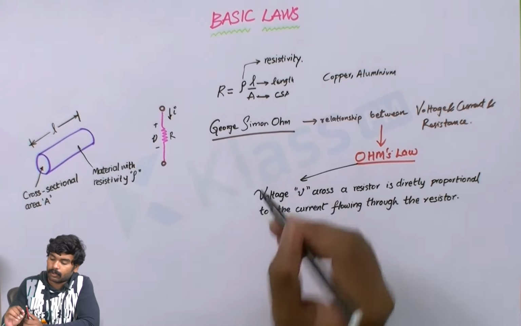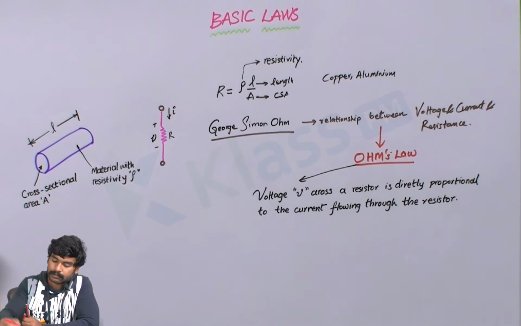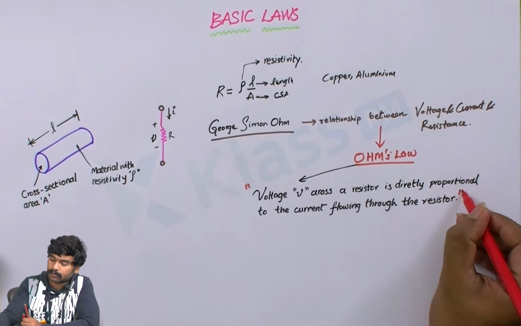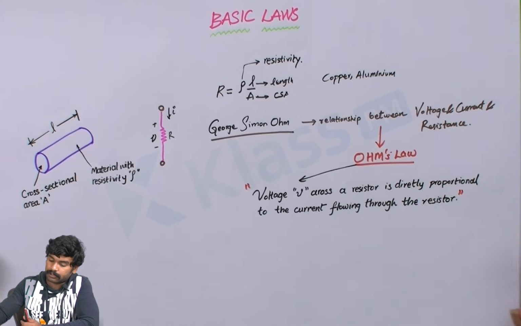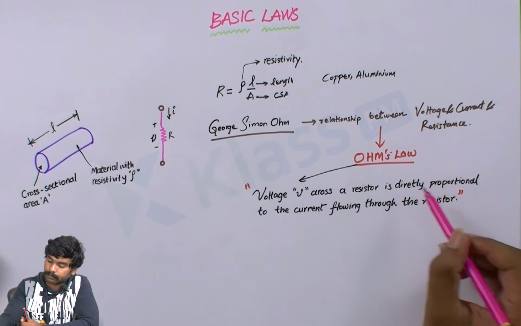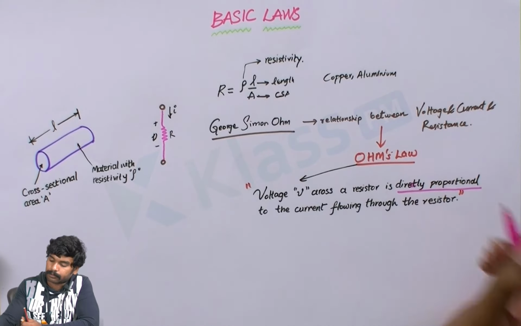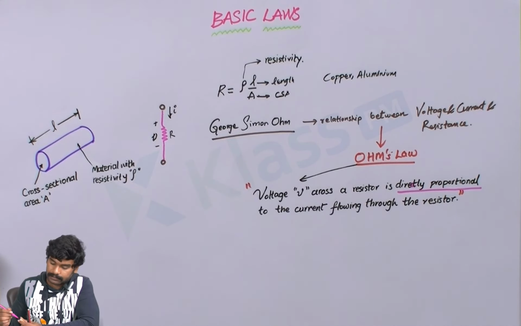So this is the Ohm's Law statement. Voltage V is directly proportional to the current flowing through the resistor.